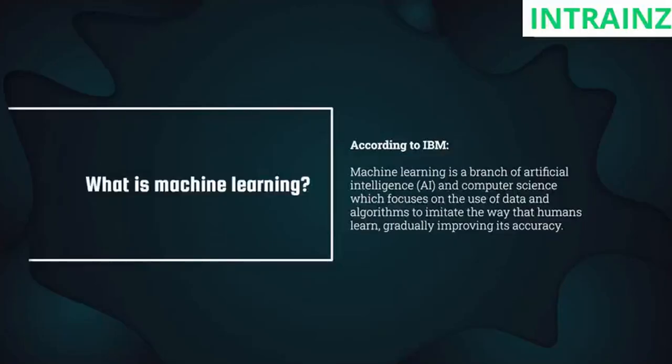We try to imitate the way humans make decisions. And gradually, the goal is that when a machine is making such decisions, it should become more and more accurate. The more accurate it is, the better it is for us humans. And then we can incorporate it into different uses, which we'll see further in this course.